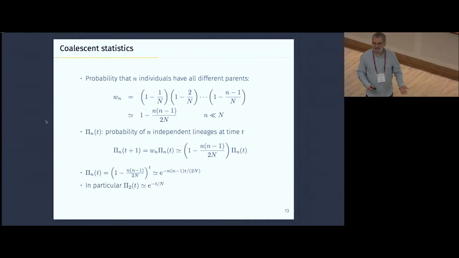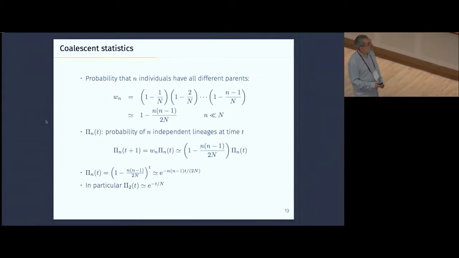So what is this probability? Well, the first individual can choose whichever parent he wants, no problem. The second will have to choose a different one, so there is a 1 minus 1 over N probability. The third will have to choose one which is different from the first two, so 1 minus 2 over N. And eventually we have 1 minus n minus 1 over N for the last one, right?